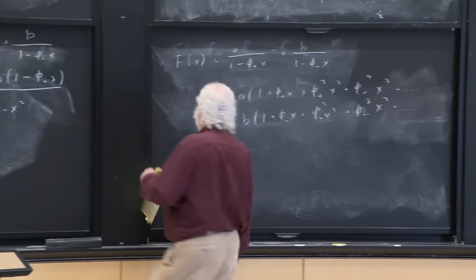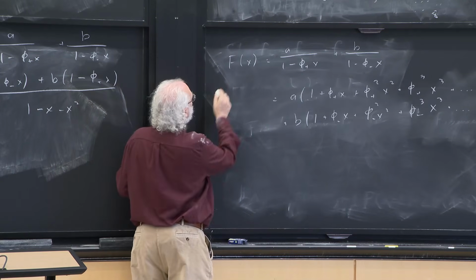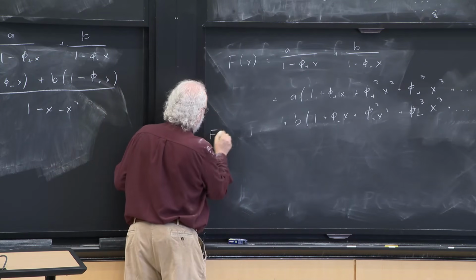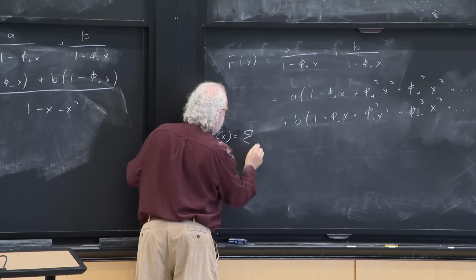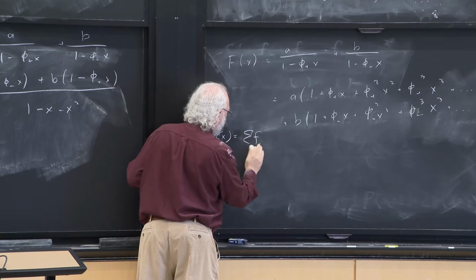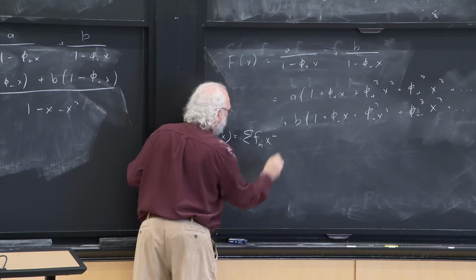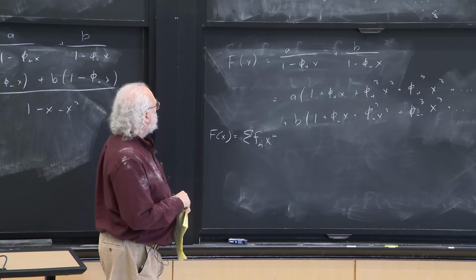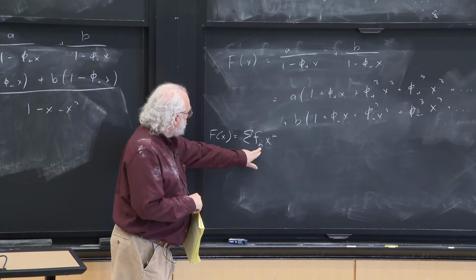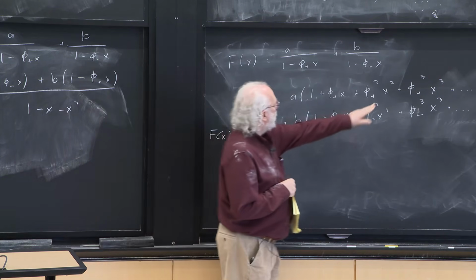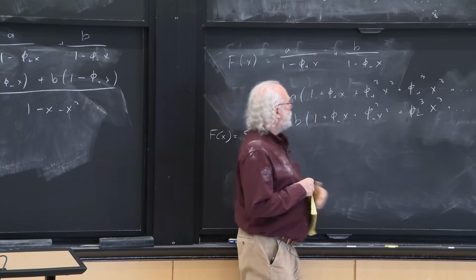And of course, f of x was equal to the summation of f sub n, x to the n. So to find the nth Fibonacci number, we need to find the nth term in the sequence.